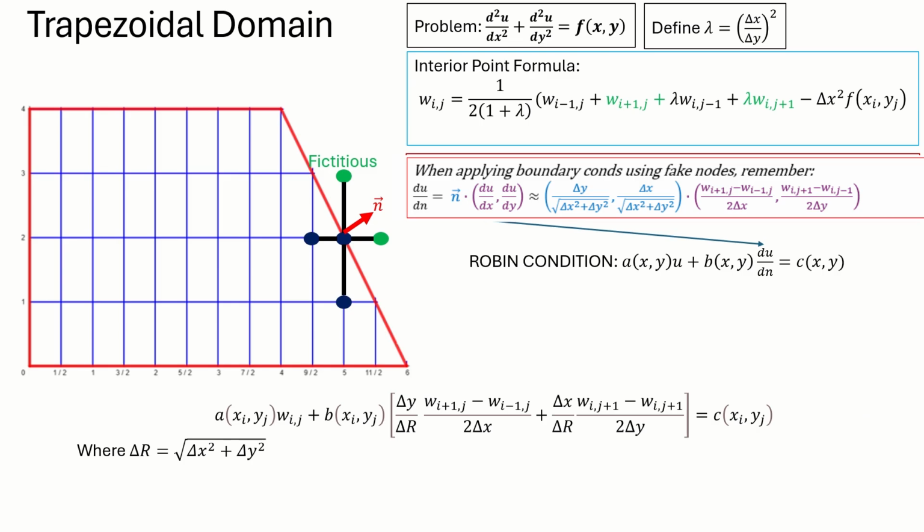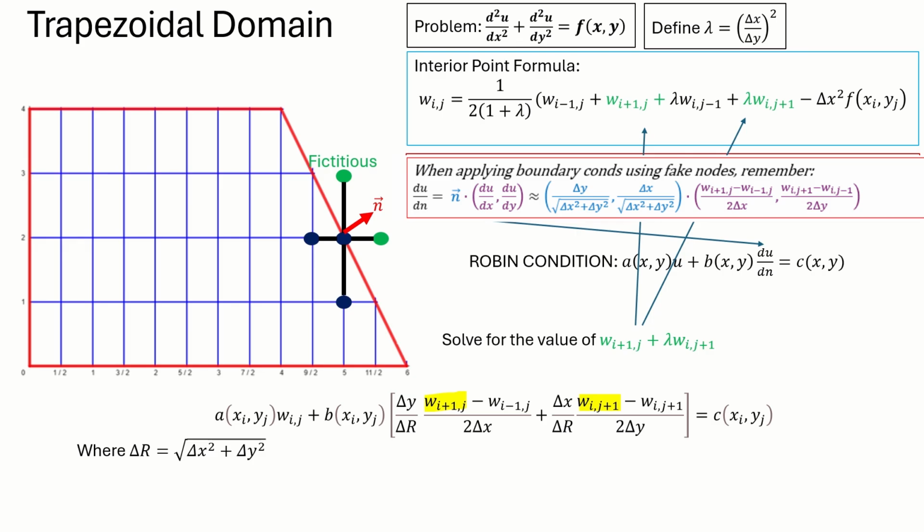Now here's the tricky part. We can't solve for only one of the values of the fictitious nodes in terms of non-fictitious node values, because now we have both of them appearing in the Robin condition at the same time. What we can do is solve for the value of the linear combination of both fictitious node values entirely in terms of non-fictitious node values, so that we can substitute it for the combination in the formula.